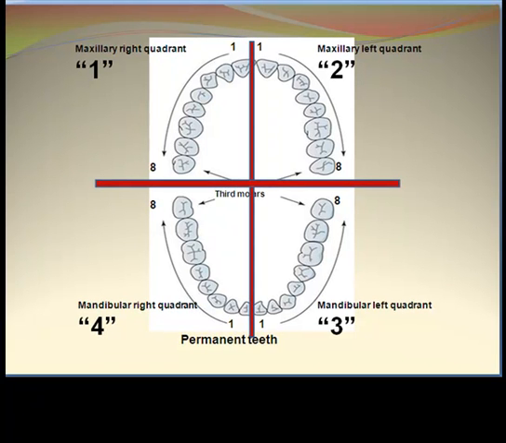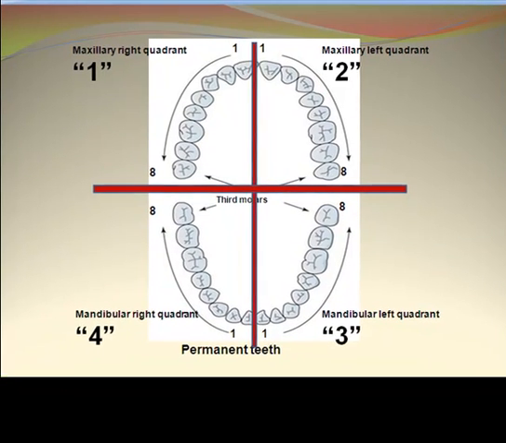As I have previously mentioned, the FDI system uses a 2-digit numbering system, in which the first number represents a tooth quadrant. We have just identified all the quadrants being 1, 2, 3, and 4. Now we're ready to move on to the next one. The second number of the FDI system represents the number of the tooth from the midline of the face. Teeth are numbered from 1 to 8, starting from the central incisor.